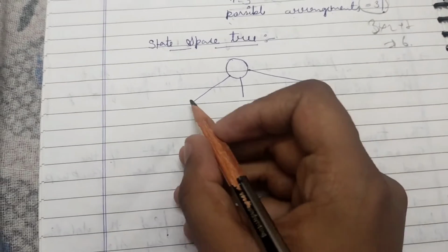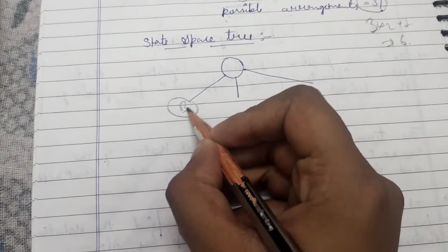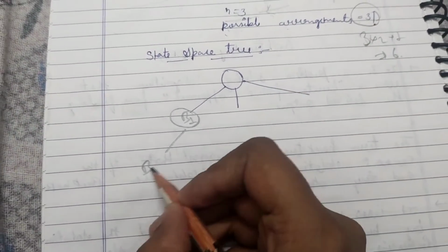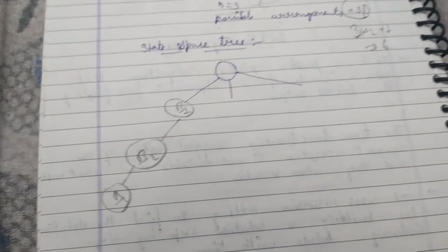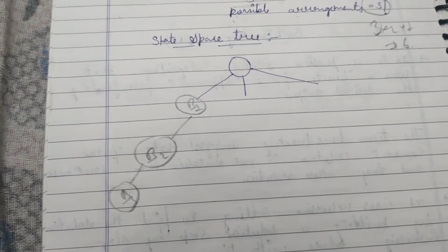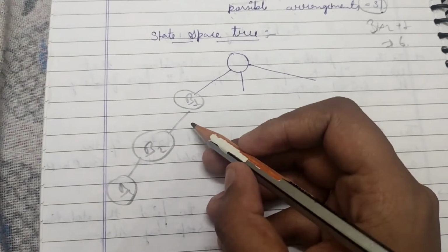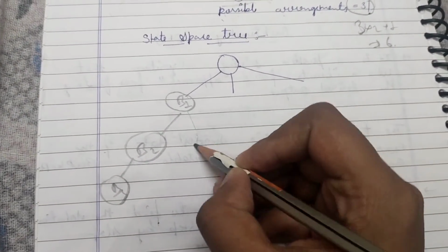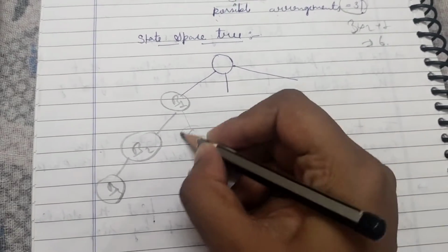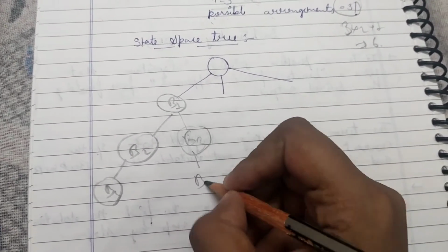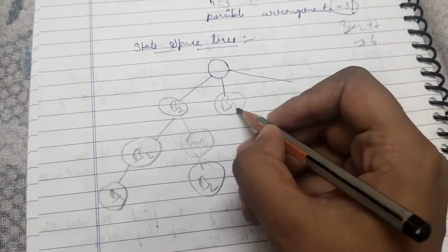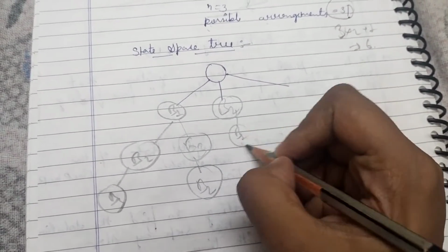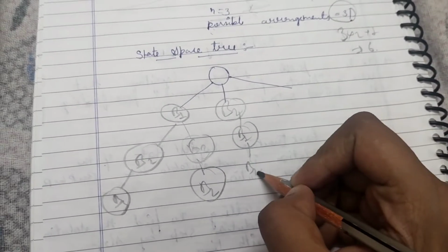So firstly, suppose I arrange B1, then B2 and then B3. Like firstly I take B1, then B2 and B3. Then there can be a different solution like B1, B3 and B2, right? And suppose I take B2, then B1 and B3, right?